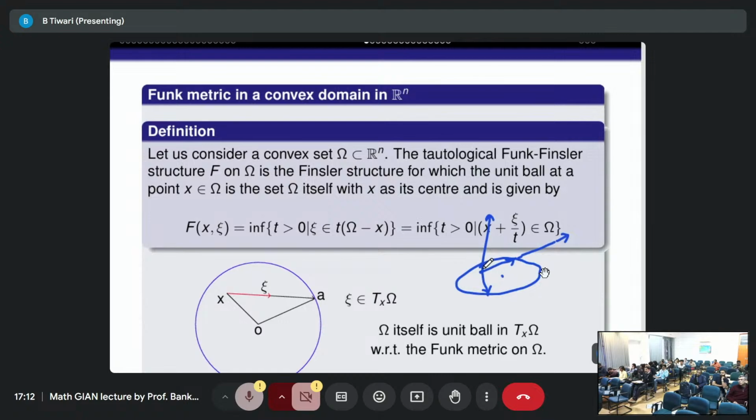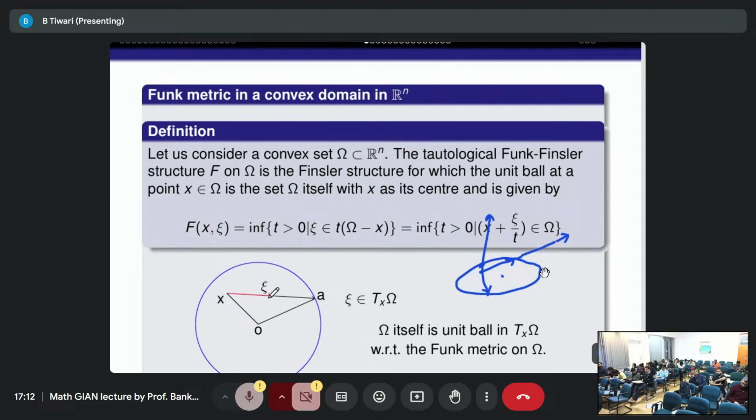So if you know the unit ball in every tangent space, you can have a Finsler structure on that particular manifold. This special Finsler structure is called the tautological Funk-Finsler structure. Suppose at a point x you want to measure the norm of this vector xi.